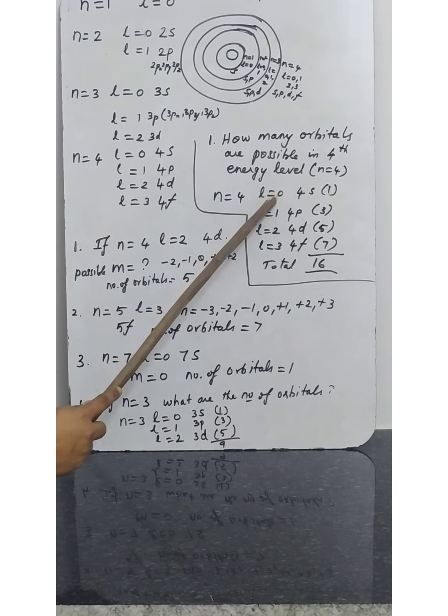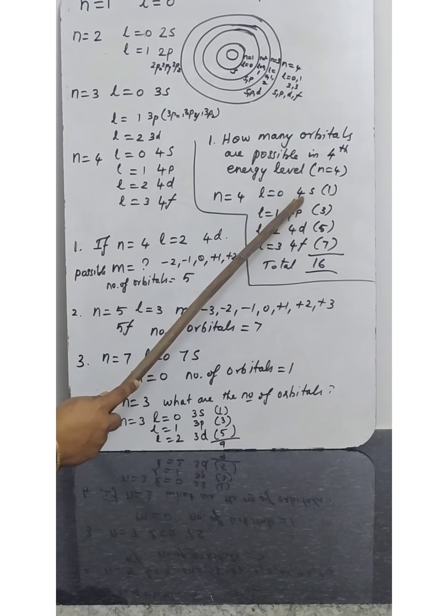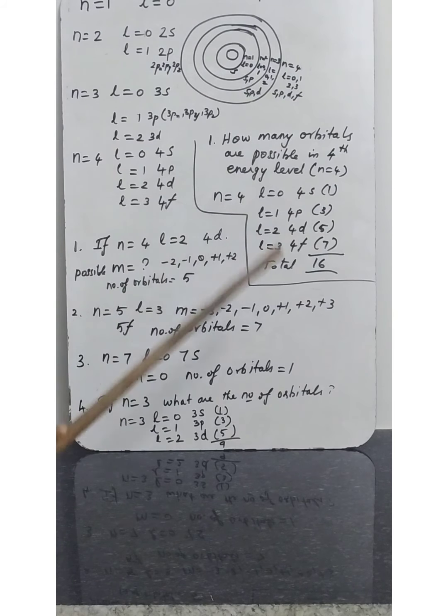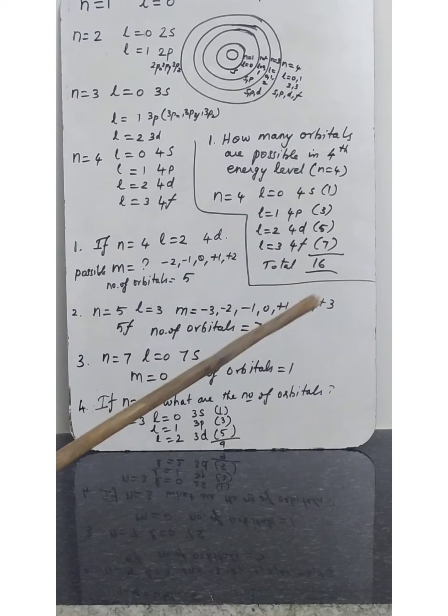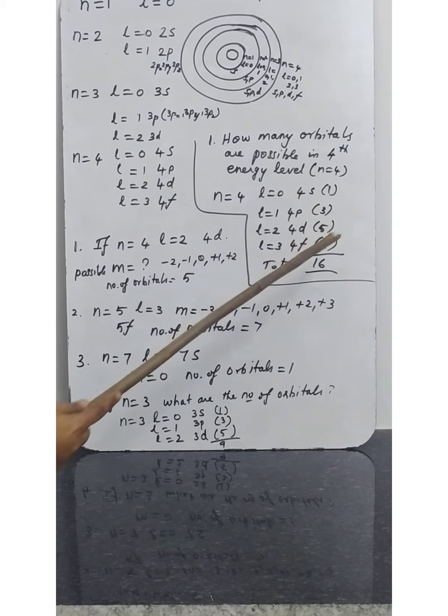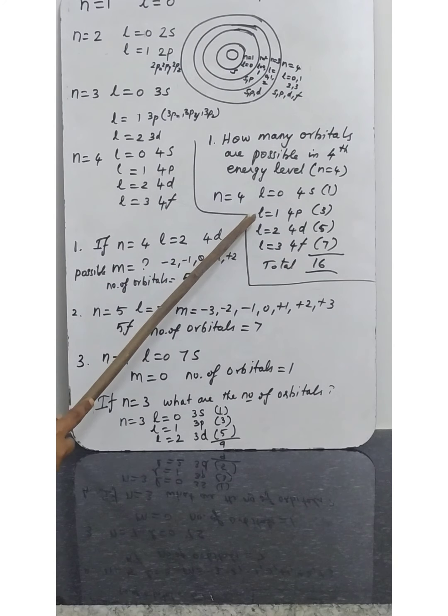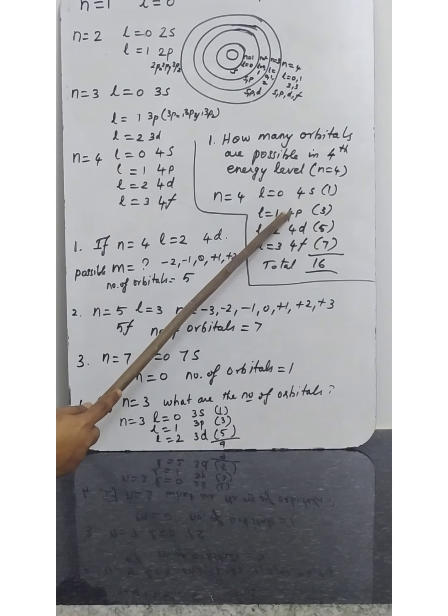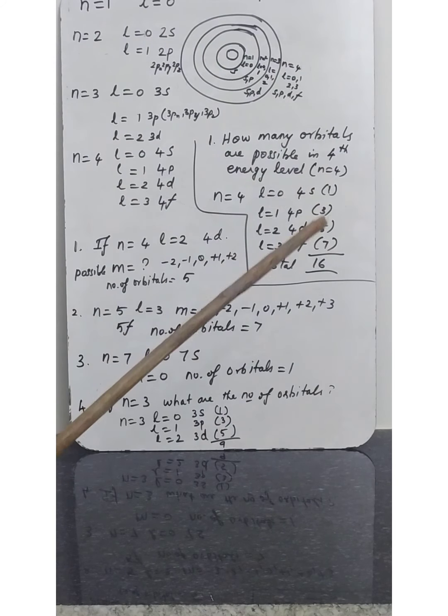If L equal to 0, what orbital will come? 4s orbital. S orbital means only one type of orientation, so only one box. So 1. If L equal to 1, 4p will come, designated as 4p orbitals. P orbital means minus 1, 0, plus 1, 3 possible orientations.